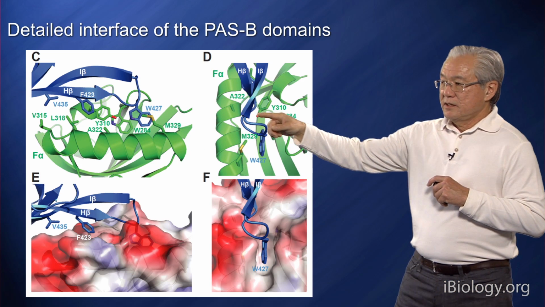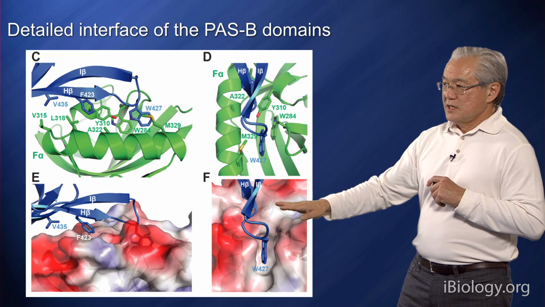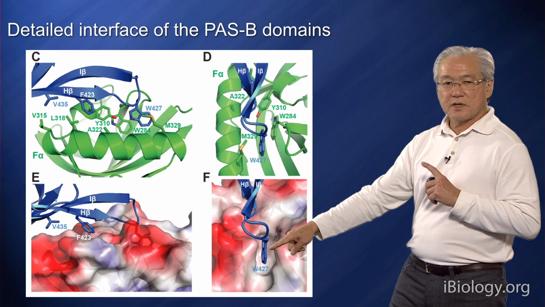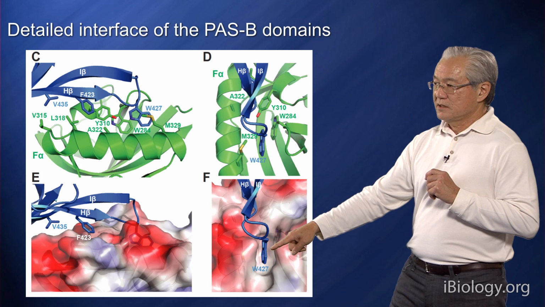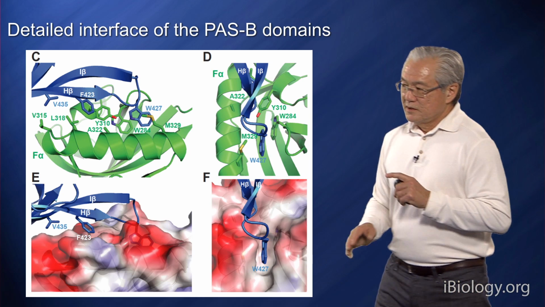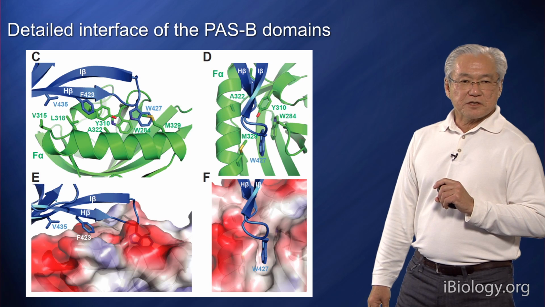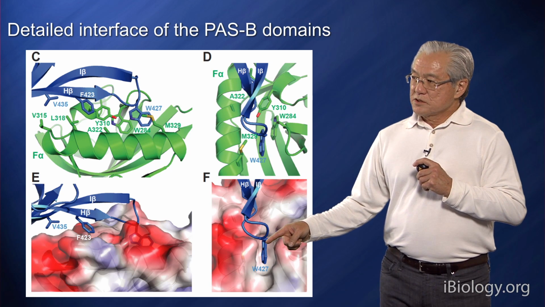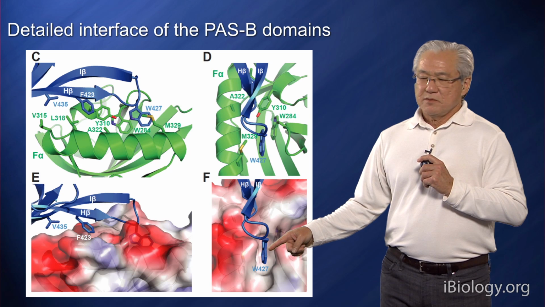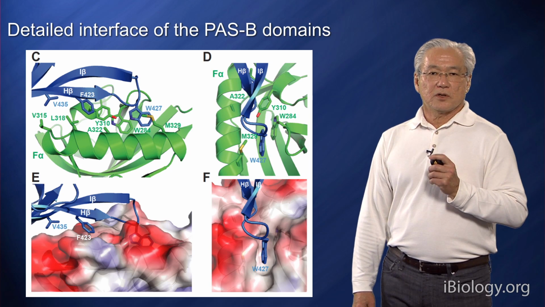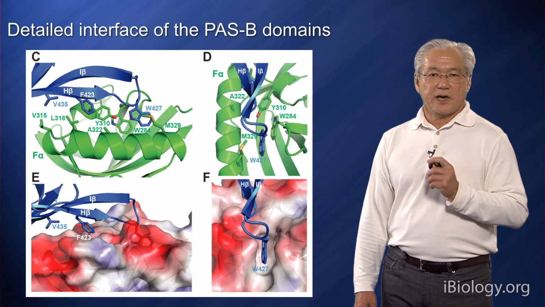In this surface view, you can see that this tryptophan residue inserts into a hydrophobic pocket on the surface of CLOCK to form a very nice kind of lock and key interaction. Interestingly, this tryptophan residue is conserved not only in BMAL1 but in CLOCK as well as the PER proteins, which also have PAS domains.